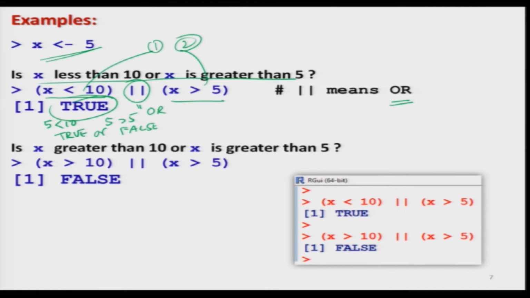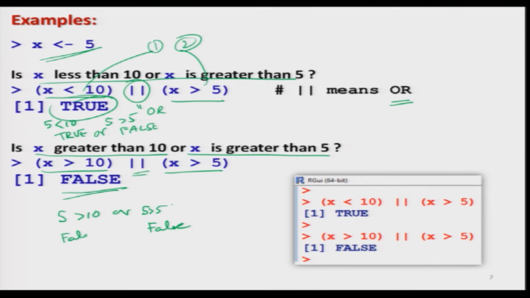Similarly, if I test whether x is greater than 10 or x is greater than 5, I write x greater than 10 OR, that means two vertical lines, x greater than 5. This will come out to be false. Why? Because 5 is greater than 10, no, this is false, and 5 is greater than 5, this is also false. So false or false is false, and this is the screenshot of the same operation.